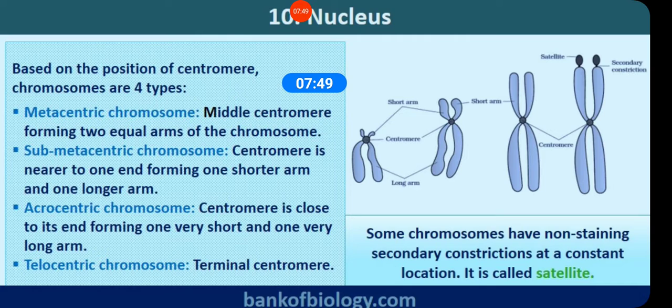Some chromosomes, you can see in the last diagram, have a non-staining secondary constriction at a constant location, and that gives the appearance of a small fragment, which is called a satellite. So it is non-stained.